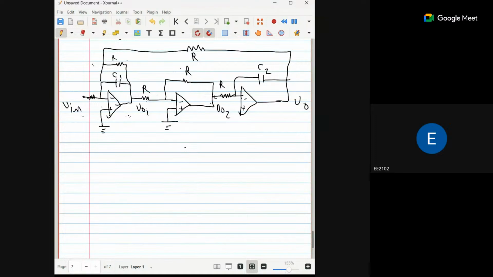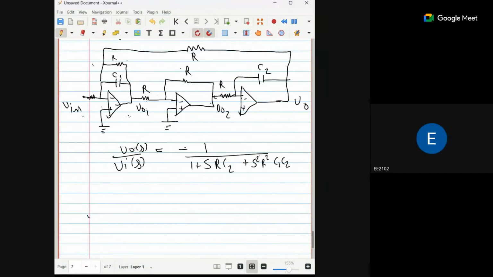So can you tell what is the ratio of V naught in values of S to V in in values of S? Can you tell? Hello, am I audible? Minus 1 by 1 plus SRC2 plus S square R square C1 C2.